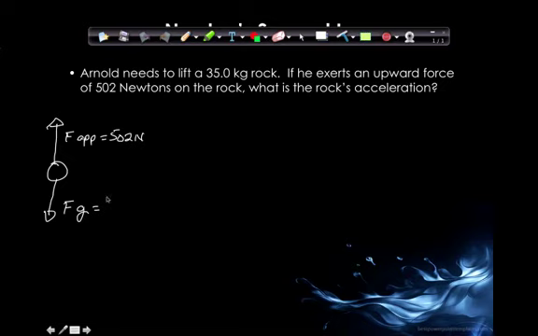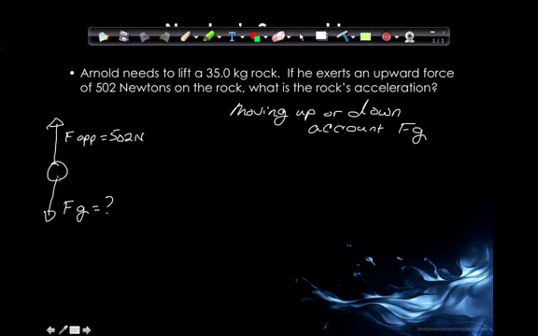And I do not know what that is at this moment. But anytime that we have something that's moving up or down, account for your weight or your force due to gravity. So in this case, the rock is moving up, so we need to account for the weight.